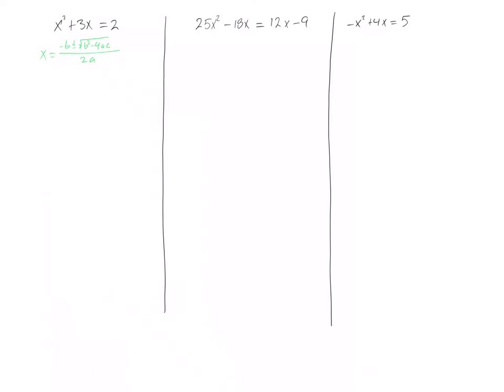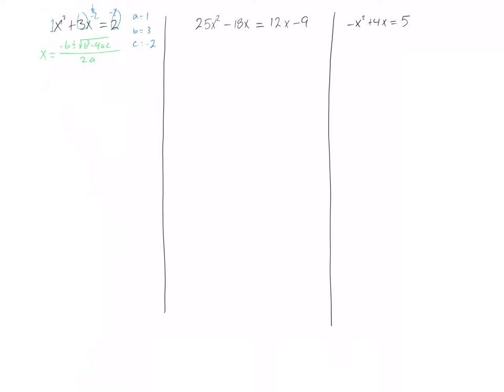Now let's identify real quick. a is equal to 1, because that's the number right here. b is equal to 3, that's the number right here. And c is going to equal negative 2, because if I want that to equal 0, I'd subtract 2 from both sides, making that 0. That's why c is negative 2.